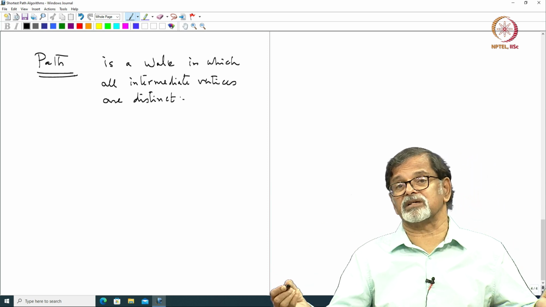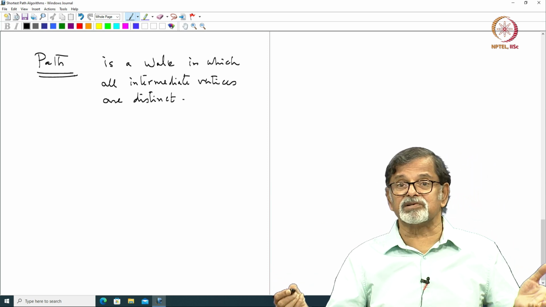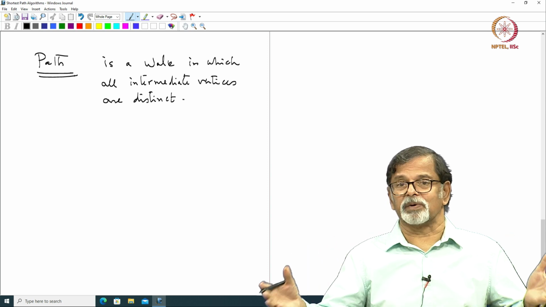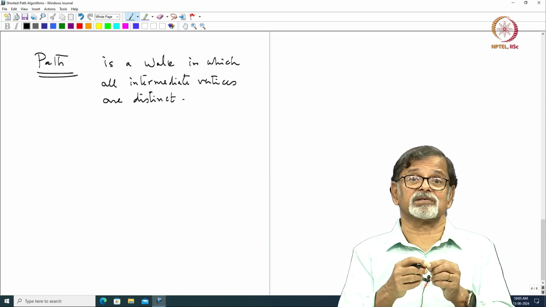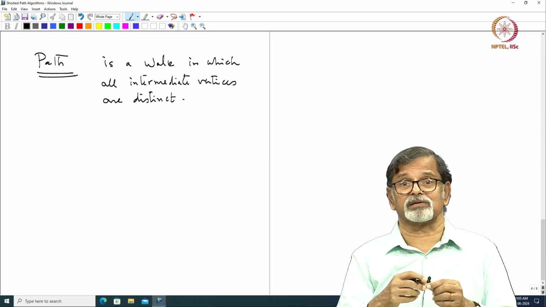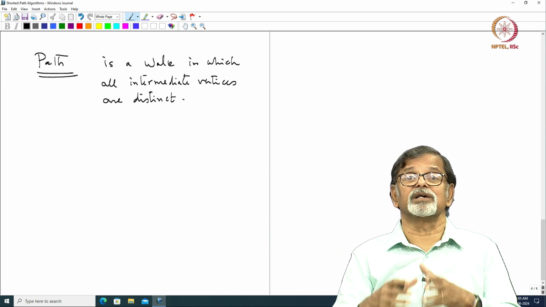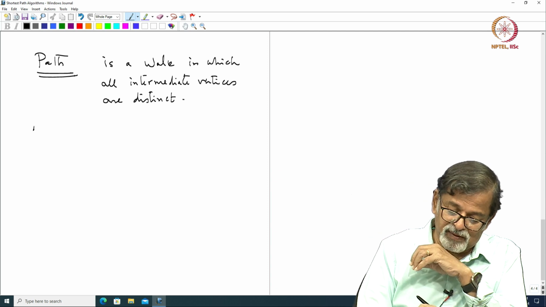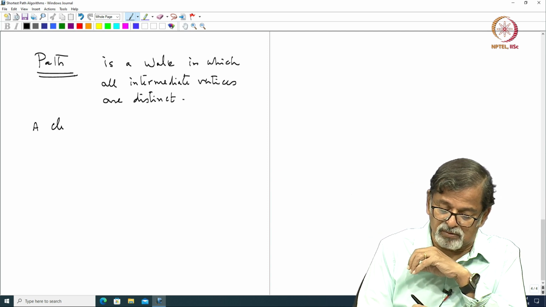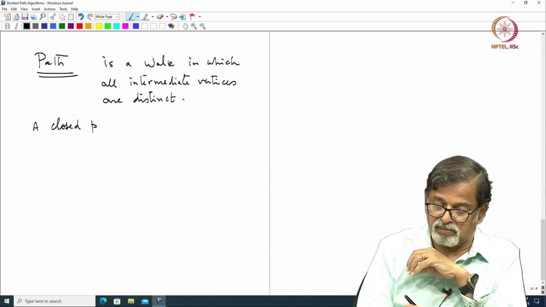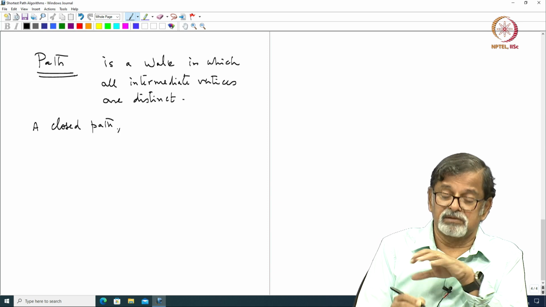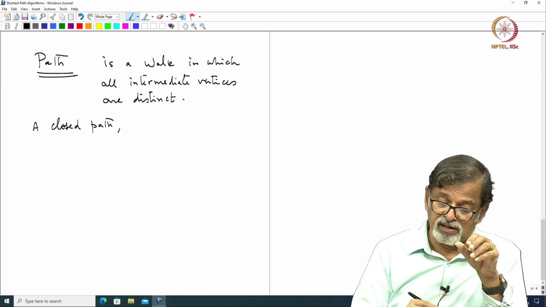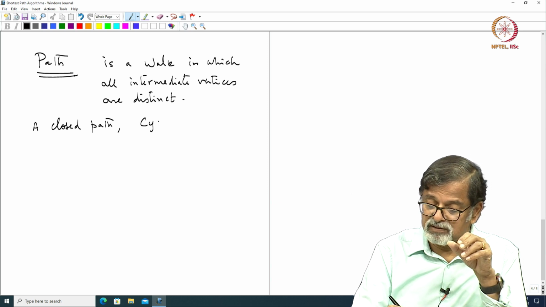Of course, if end vertices are distinct, you get what is known as an open path. If end vertices are same, you get a closed path, and a closed path is called a cycle. A closed path is a closed walk in which all vertices are distinct, and it is called a cycle.